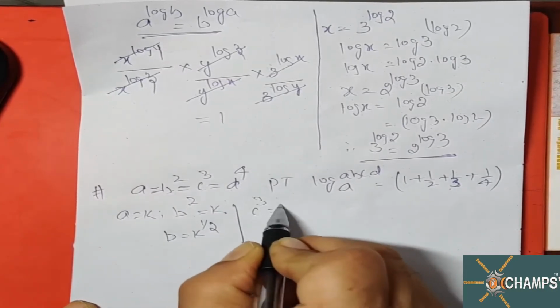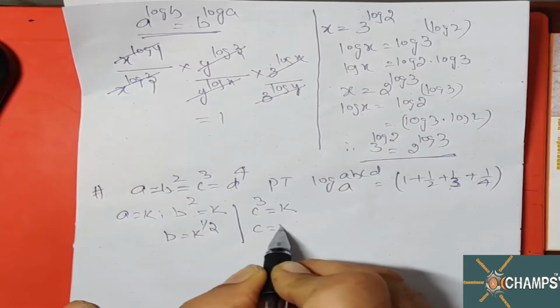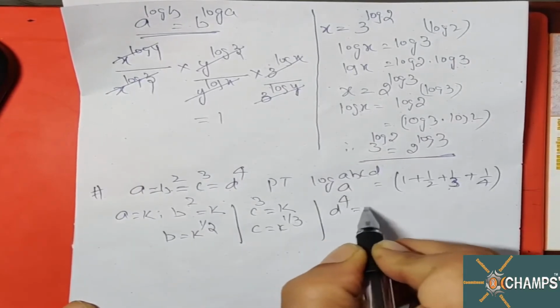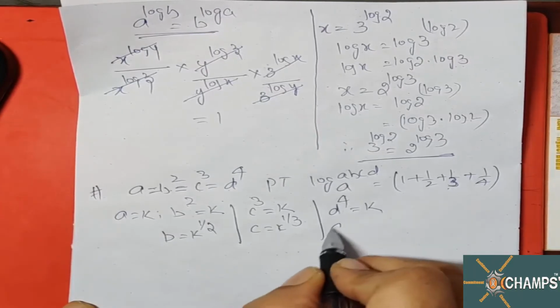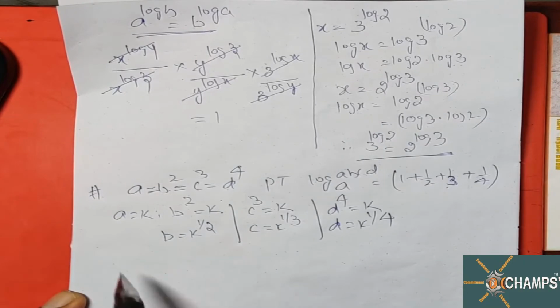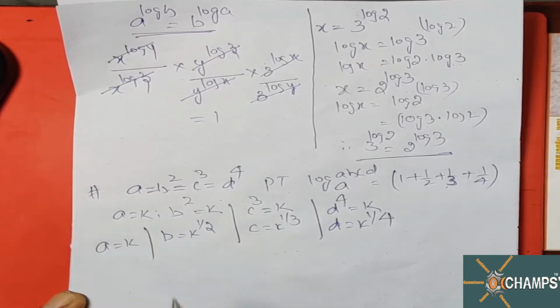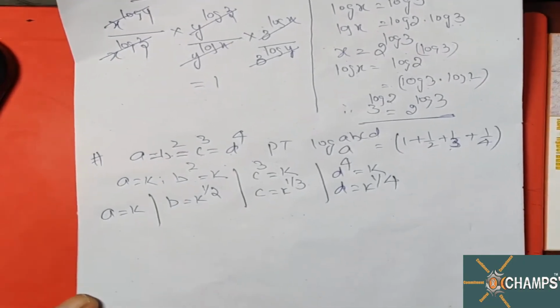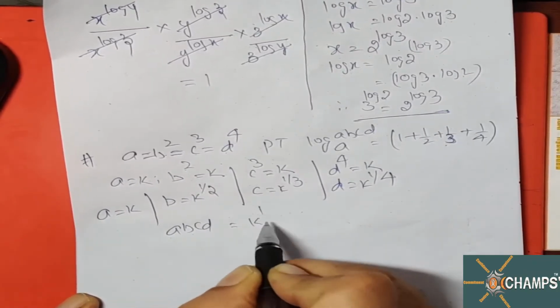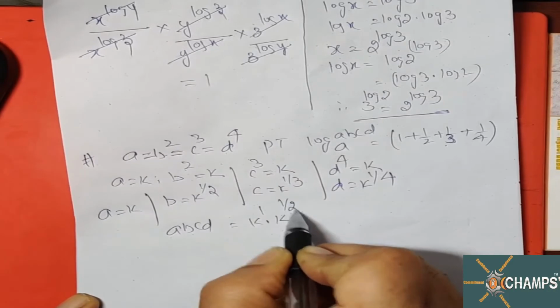A is equal to K, B square is equal to K. Shift the power from this side to this side. B is equal to K power 1 by 2. C power 3 is equal to K, so C is equal to K power 1 by 3. D power 4 is equal to K, so D is equal to K power 1 by 4.